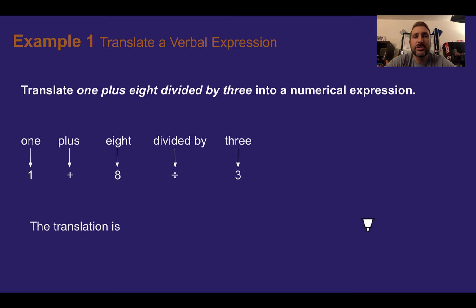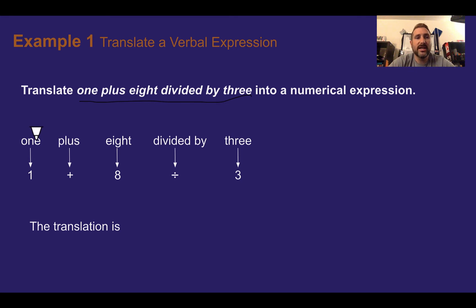Example 1. Translate a verbal expression. So translate 1 plus 8 divided by 3 into a numerical expression. This is where our goal of writing a numerical expression from a verbal expression comes in. So here's our verbal expression. We're going to change it into numbers and or mathematical operations.